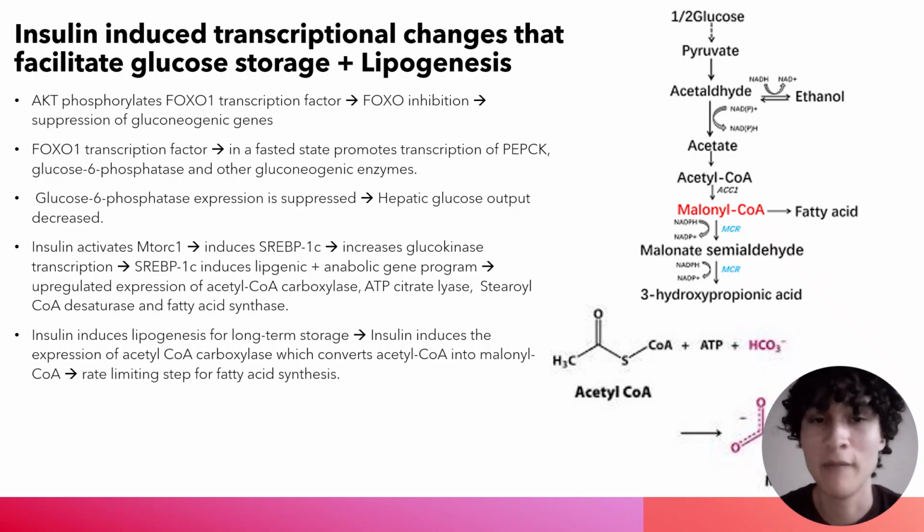So I mentioned before that insulin signaling will induce transcriptional changes, okay, changes in transcriptional processing. So you'll get a shift in gene expression because of insulin signaling. So insulin will facilitate anabolic processes. So glycogenesis is an anabolic process. Glucose is polymerized into glycogen.